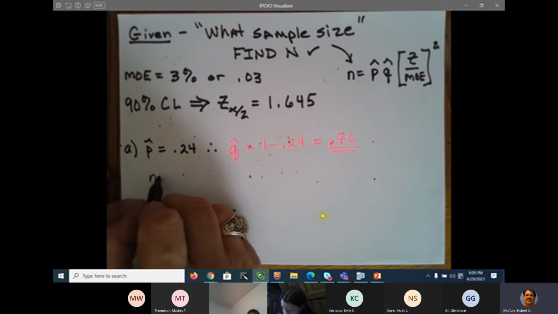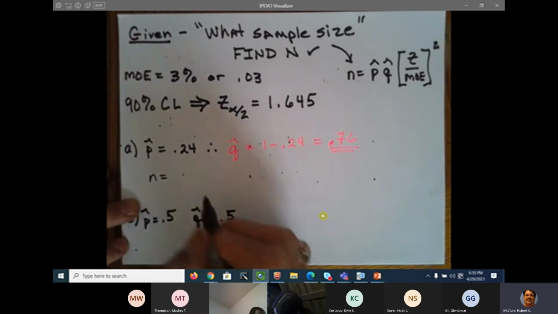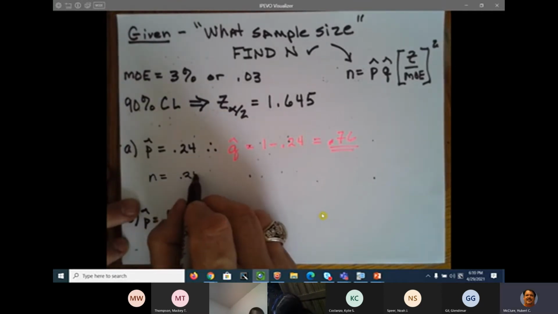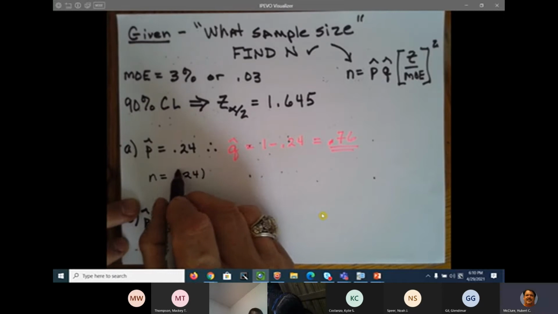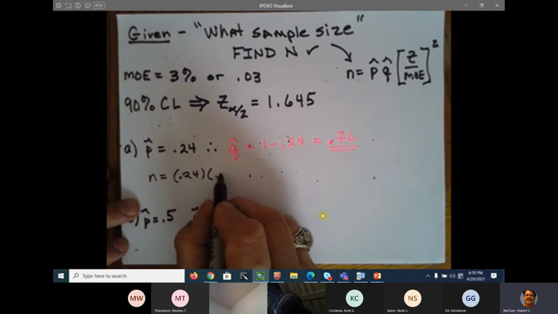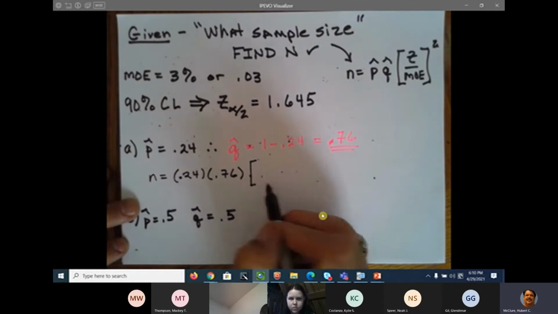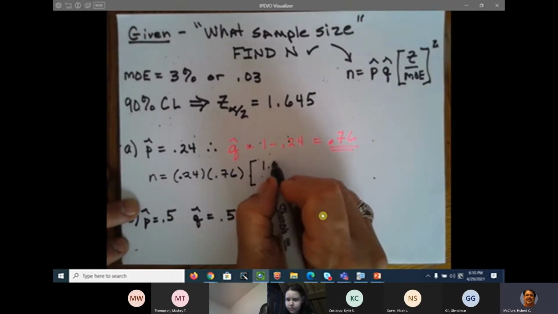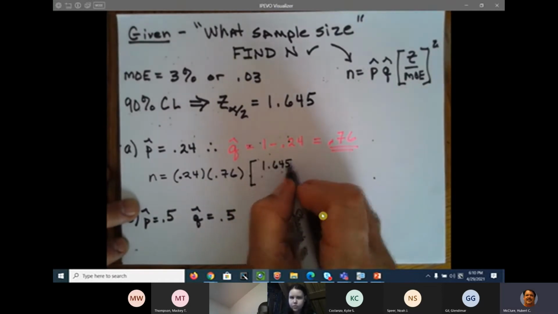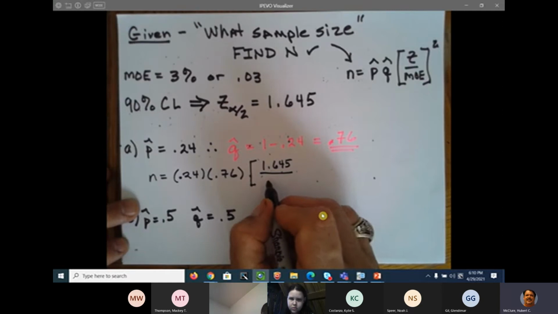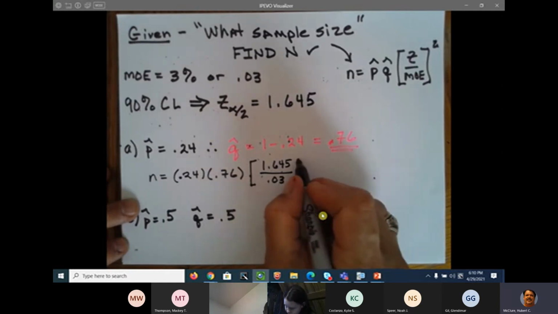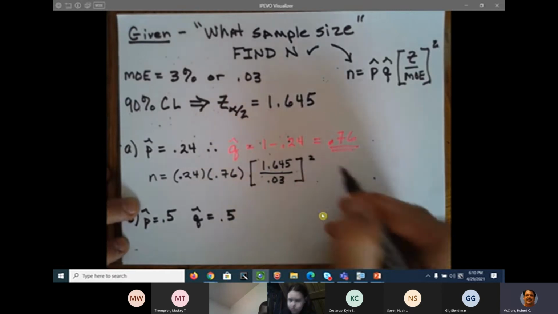So N is equal to 0.24 times 0.76 times, in brackets, 1.645 divided by 0.03, raised to the second power.